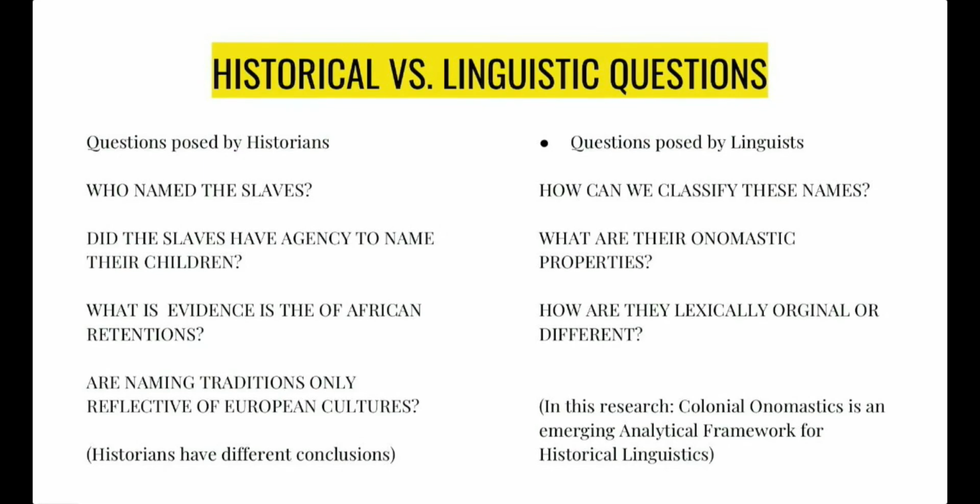So history has always been concerned with the agency of people to name themselves, what the evidences of African retentions are, and how these traditions reflect both African and European cultures. And this is important for us as a shared people, a fragmented sort of culture. We want to understand who influenced what in history. But in linguistics, we're looking at how to look at these lexical items as being unique or different.